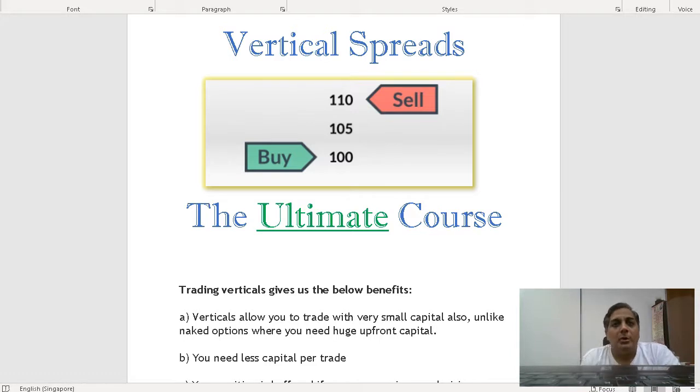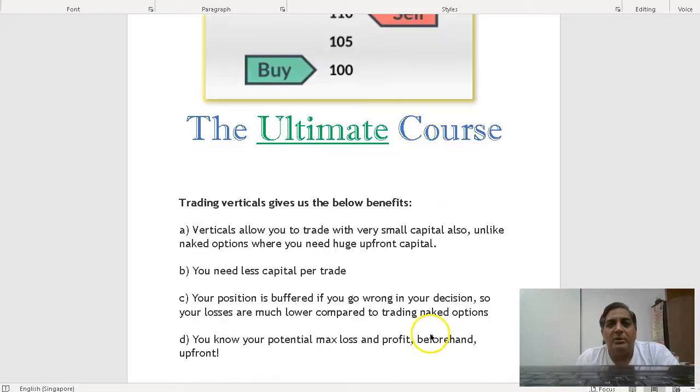Now let's go through the benefits, as shown on screen. Verticals allow you to trade with very small capital, and you also have a huge advantage that your position is buffered. Let's say you bought a call vertical and then the stock actually went down, so you are wrong in terms of predicting the direction, and then you lose money. With a naked call or a put, you will lose a lot more compared to a vertical, so you lose less.